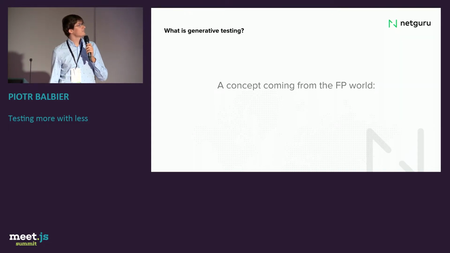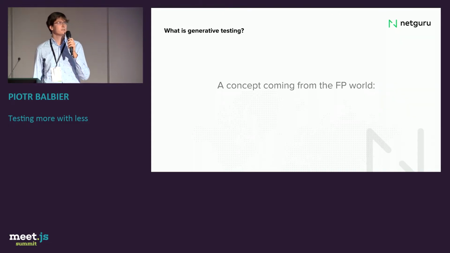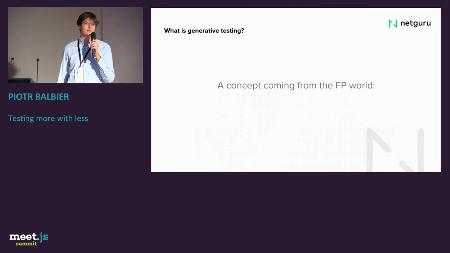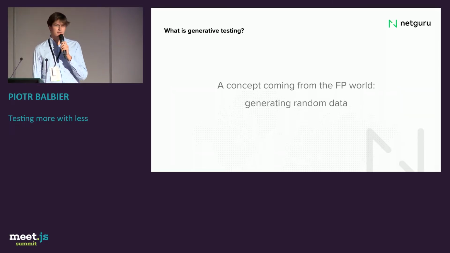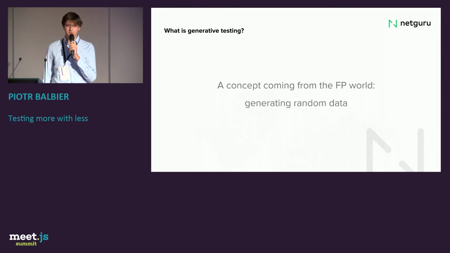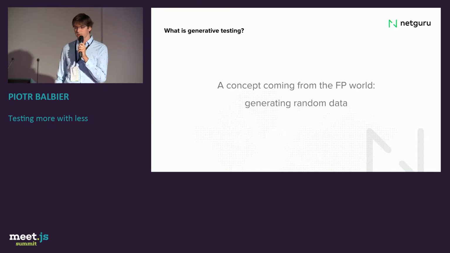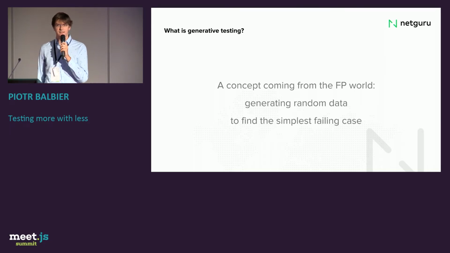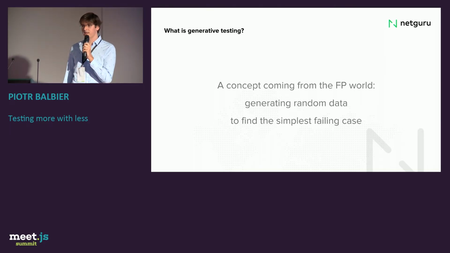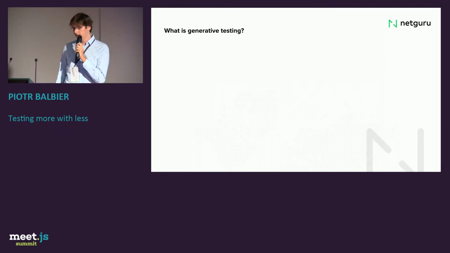So what is it actually? It's coming from the functional programming world. The first, actually the oldest implementation I know is QuickCheck for Haskell. And it all boils down to generating random data, random inputs, in order to find the simplest data set, the simple case that makes the test fail.